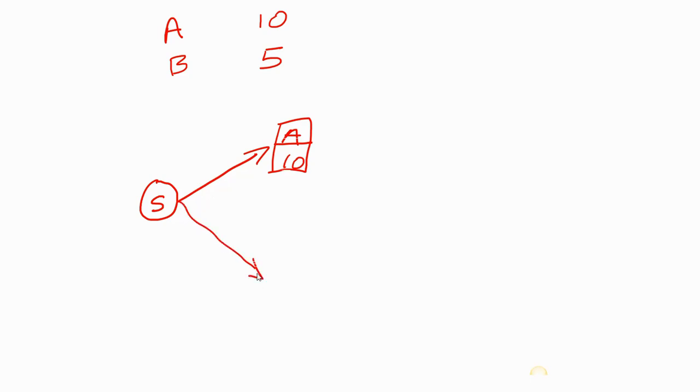So this represents activity B, and activity B has a 5-day duration. And then I now have finished, because those are the only two activities that I have in this project. So this is a kind of mini network diagram to show the relationship between these two activities, the fact that they run concurrently.